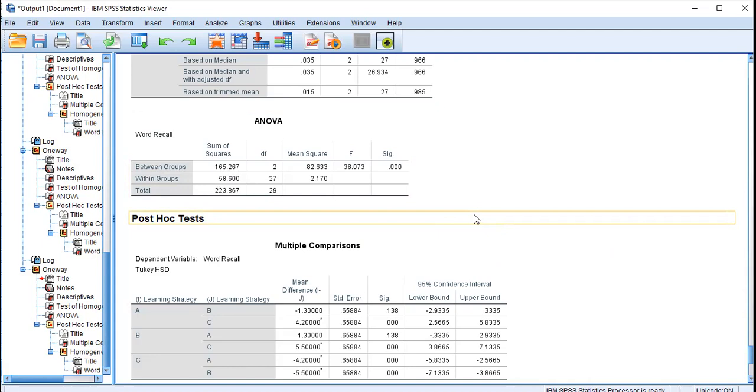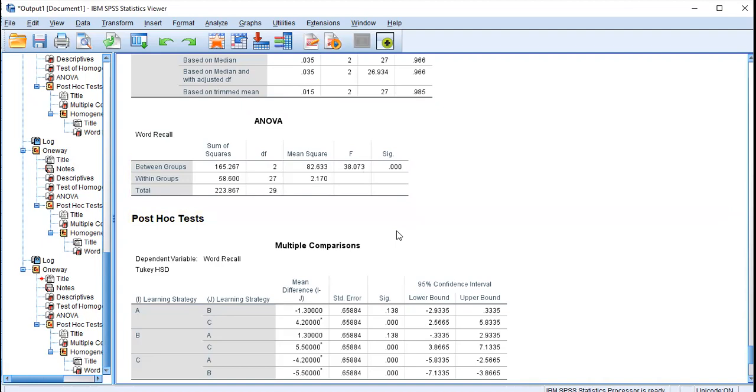So, not talking much about effect size, we know the formula and we know the answer: almost 0.74. Then we have the F value, which is 38 something, and the significance is 0.000.